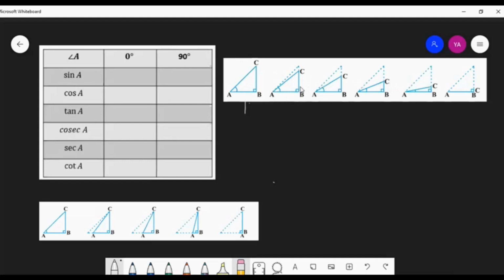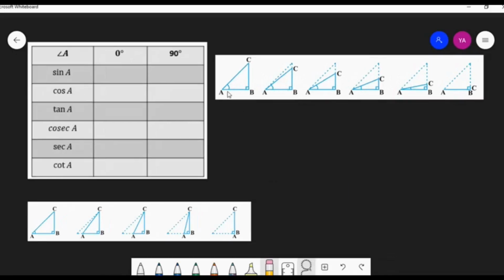In the second triangle, the length of BC is less than the length of BC in the first triangle, and in the third triangle it is decreasing again. At the same time this angle A is also decreasing, and finally in the last picture we imagine that angle A becomes 0.